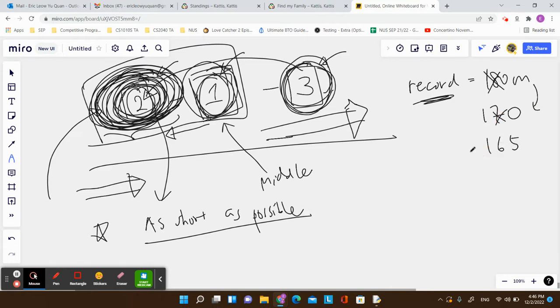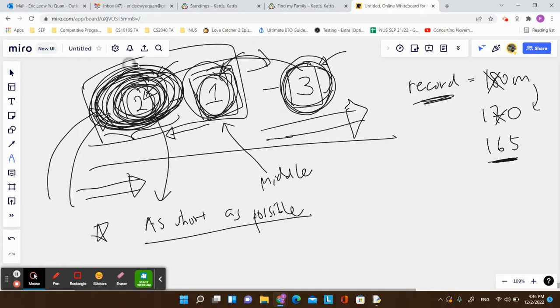In other words, for the previous people I've seen so far, I do not need to care about anyone taller than the current record. If the record now is 165, when I go to the next person I want to check if this record can be beaten.